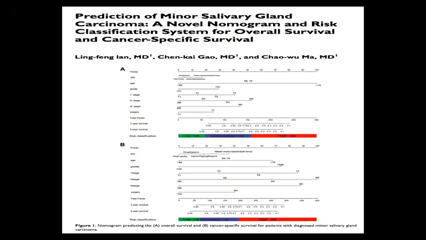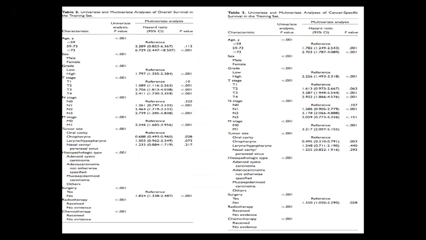Based on that, they started calculating on the mathematical model whether the patient is intermediate or high grade. They said that those with a low grade might be observed and might not require any adjuvant treatment. Those with intermediate grade would be kept on close observation, and those with high grade would undergo adjuvant radiation.